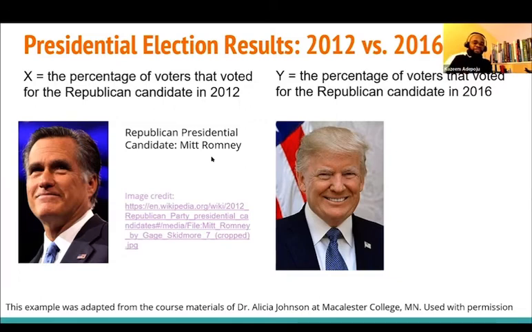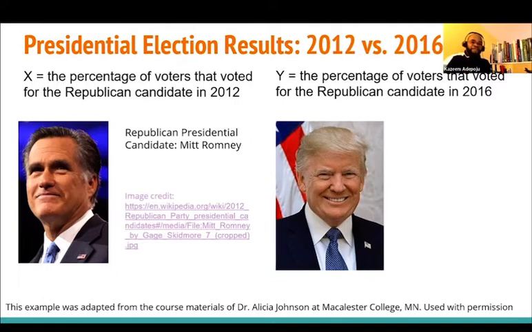Now, what is the essence of this? If I understand the relationship between the percentage of voters that voted for the Republican candidate in 2012 and the percentage that voted for the Republican candidate in 2016, there's a possibility that we can use a model to predict.